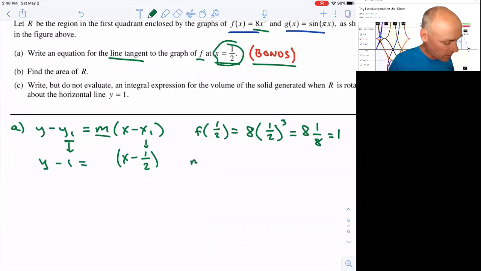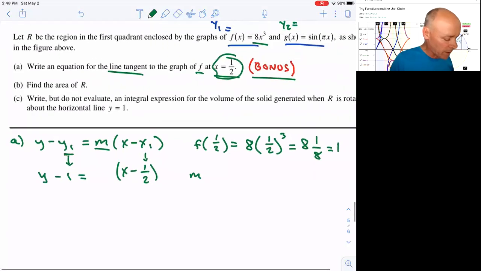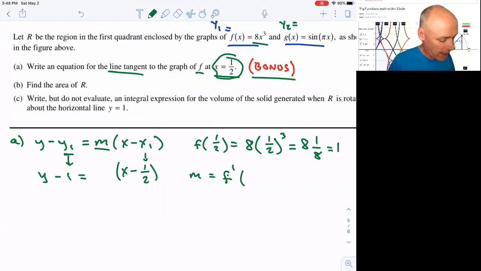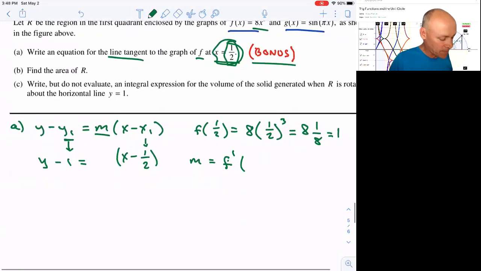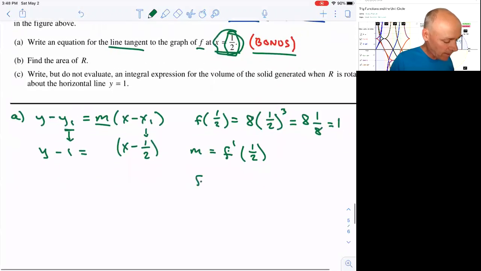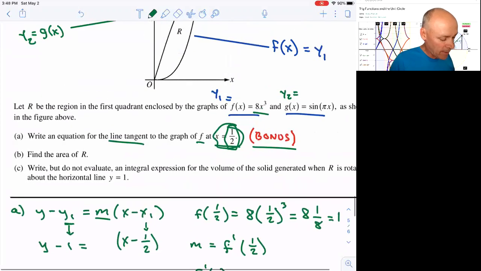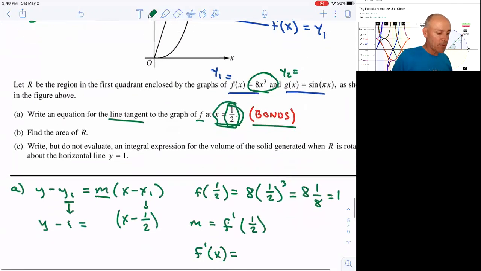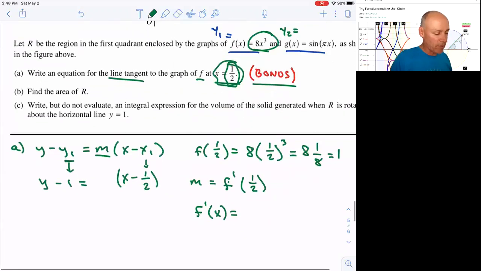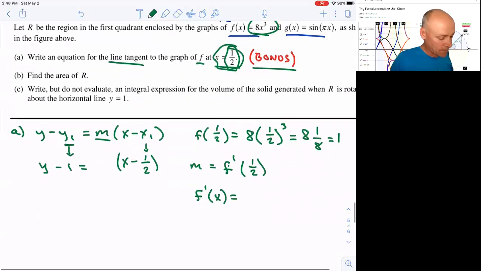The m, that's my slope. Well, that's going to be my derivative. So that's going to be f prime at what x value? Well, at 1/2. So the first thing I have to do is find f prime at x. So I'm looking at that's f of x. Using the power rule, that's going to be 24x squared.